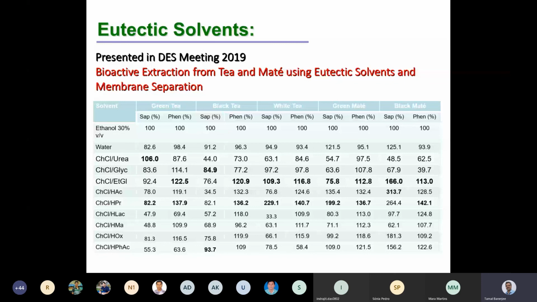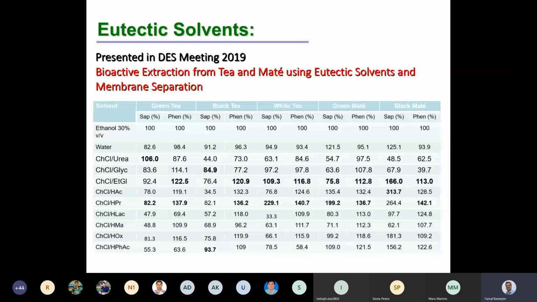And tea is known all around the world. So in this work, we try not only to extract the saponins and phenolic compounds in tea and mate, but also recover them using membranes.